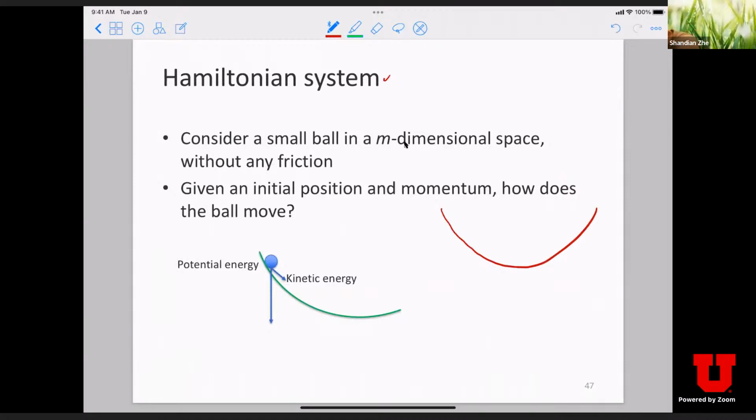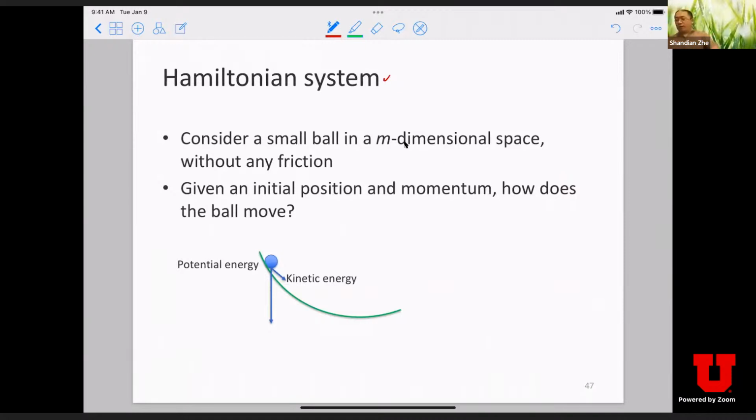So if we give this small ball some kind of energy, we give it some initial position and some momentum, then we want to look at how this ball moves in this system. How does this ball move? Just give me a guess.